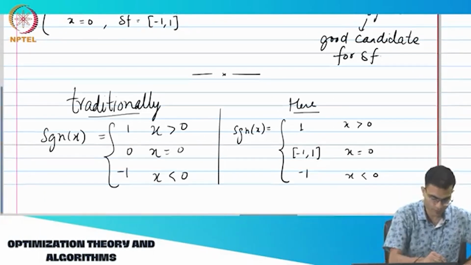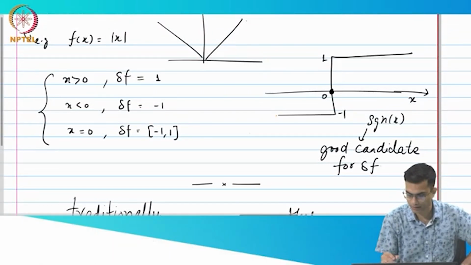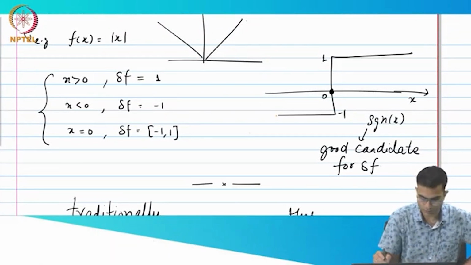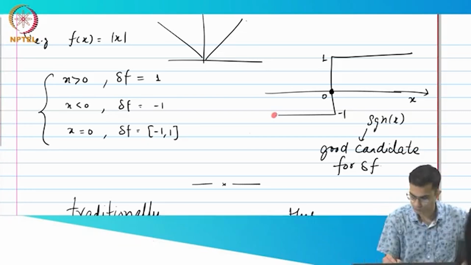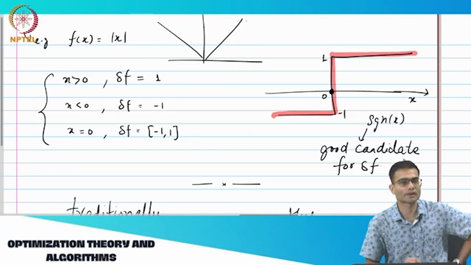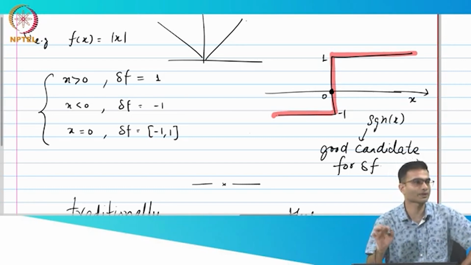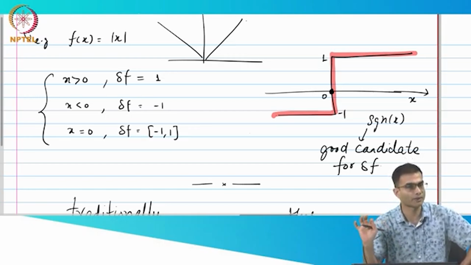Because of this, the graph of the signum function looks like this. This is different from the graph of the signum function which all of you are used to from signal processing, where signum of 0 is equal to 0 by definition.